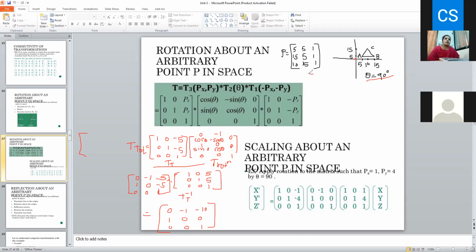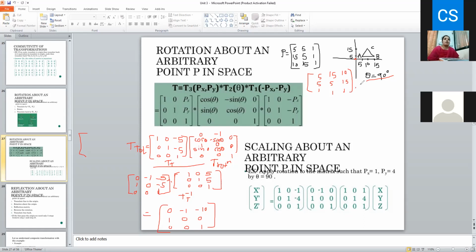So I will be multiplying this with, so here also we need to take the transpose because we are writing XYZ in this manner. So here transpose I will take 5, 5, 1, then 15, 5, 1, and then 10, 15, 1.